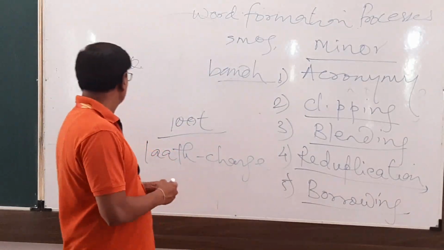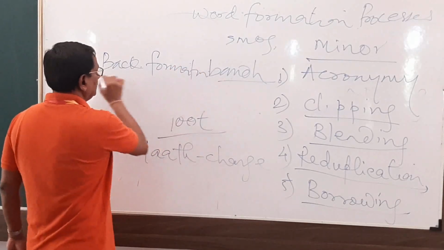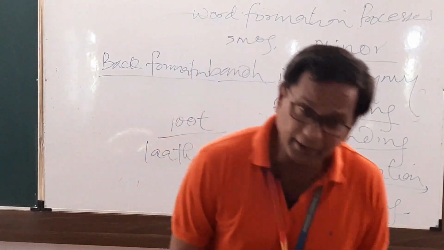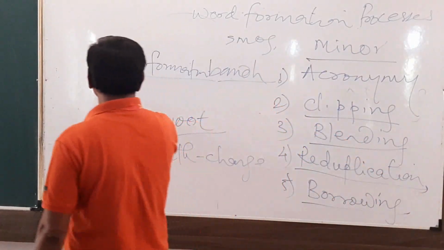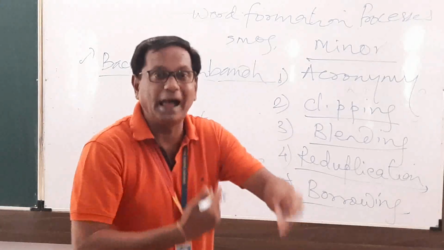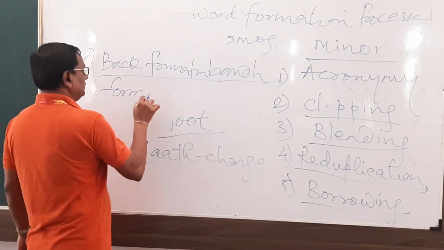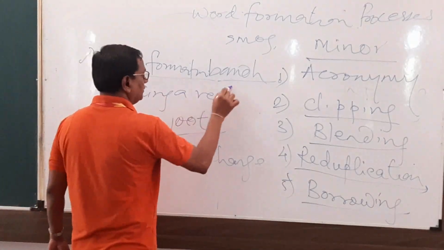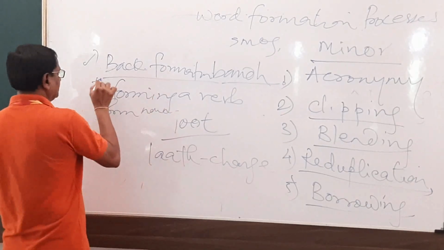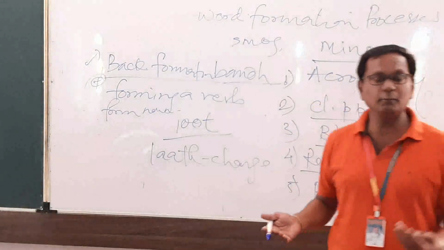And then we'll see back formation. This is something that is left out. Back formation, again, is also a minor process. It signifies that the word is formed from the back, that is, forming a verb from a noun.